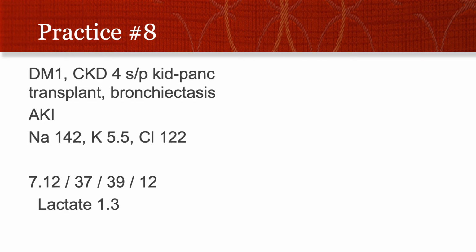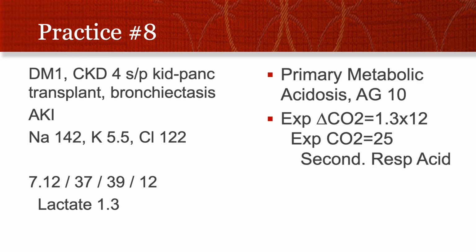Our next practice question is a patient with diabetes, CKD with a kidney and pancreas transplant, and bronchiectasis, and lung problems. Labs are shown there, and again, an acidosis. Here we have a primary metabolic acidosis with a normal anion gap.